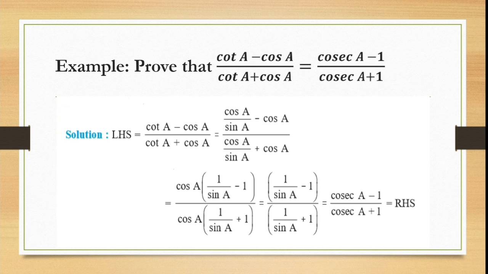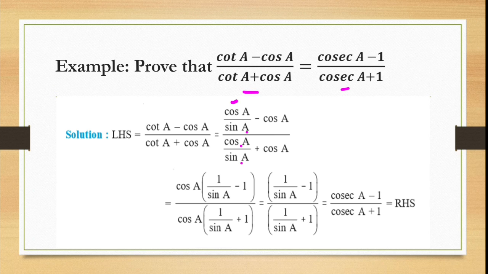Now next one, prove that this LHS part is equal to this RHS part. Okay, in the LHS part it is cot A minus cos A by cot A plus cos A. Cot A can be written as cos A by sin A. Similarly, here also cos A by sin A. Okay.